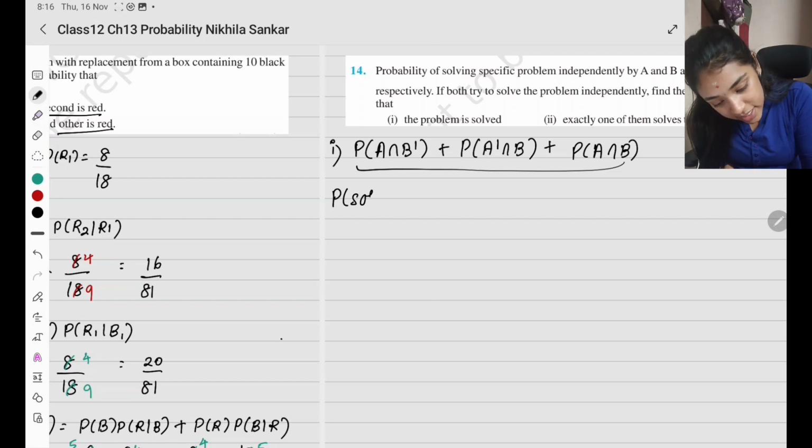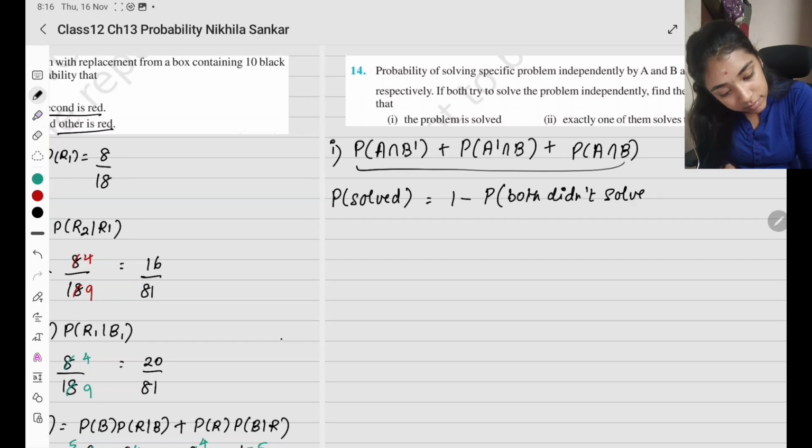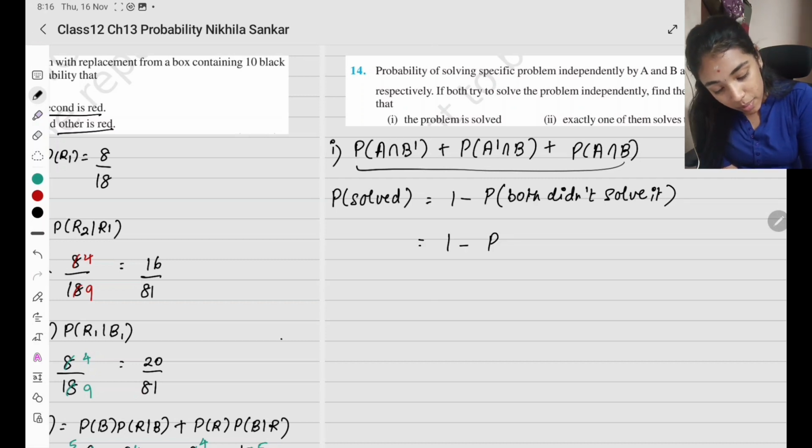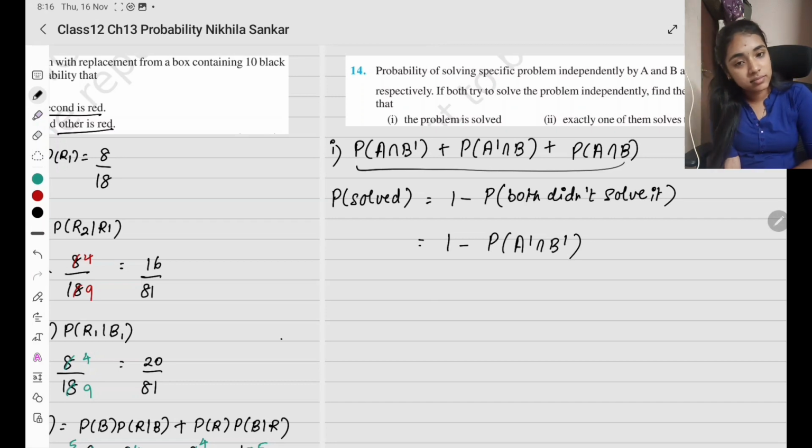Probability that it is solved equals 1 minus probability that both didn't solve it. Correct? Instead of taking so many different possibilities, I can simply say it's 1 minus probability that A didn't solve and B didn't solve. Simple? It's a very simple way of doing it.